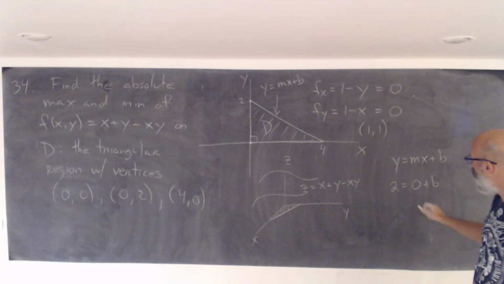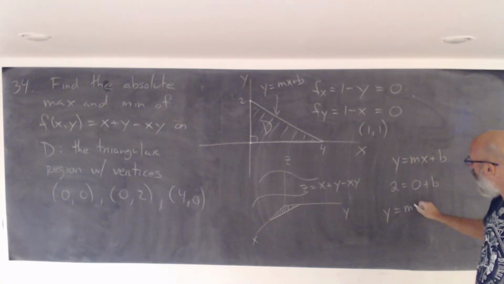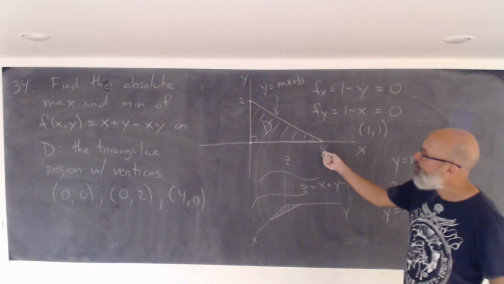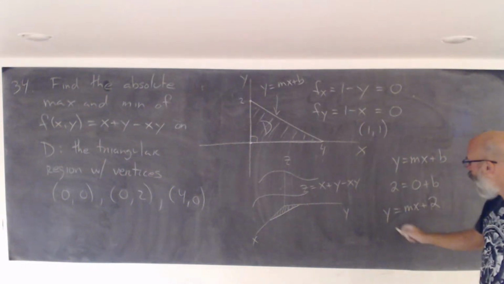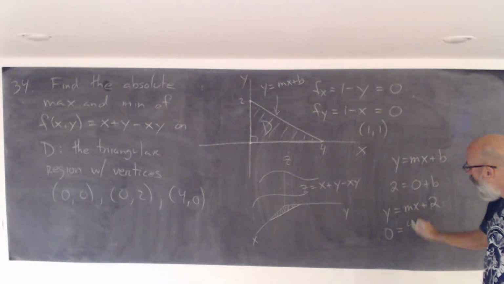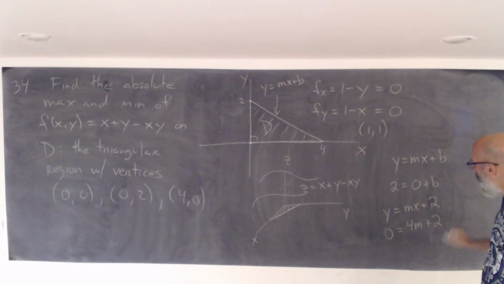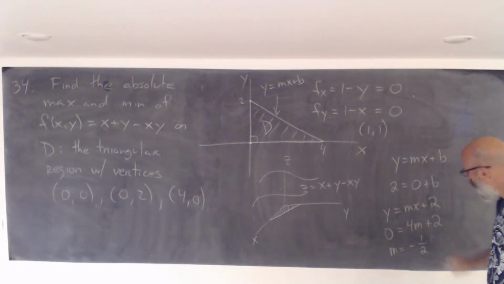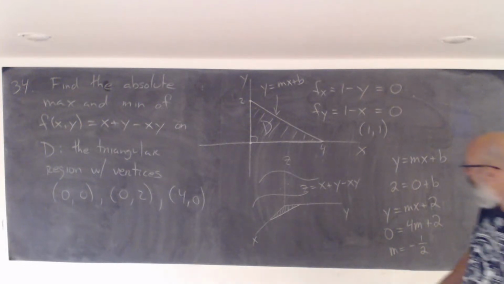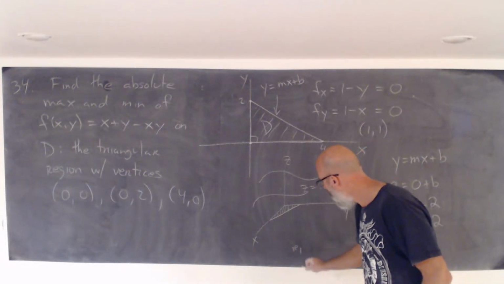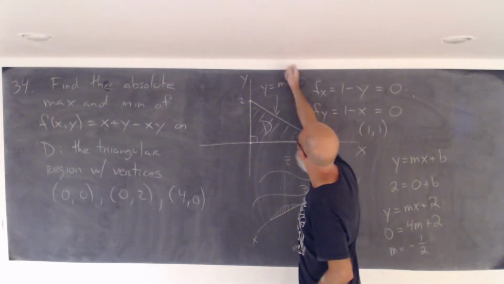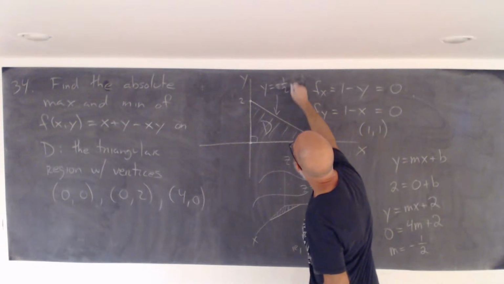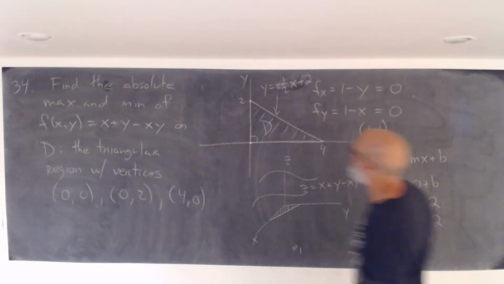So b is 2, and y is equal to mx plus 2. And it also goes through the point 4, 0: when x is 4, y is 0. So m is easily seen to be negative 1/2, and you get, let's write it here, y equals minus 1/2 x plus 2.